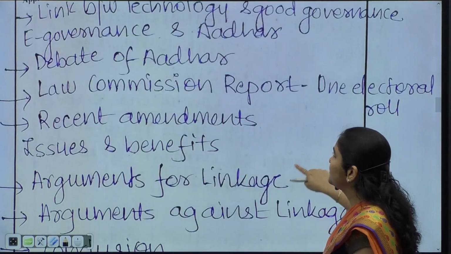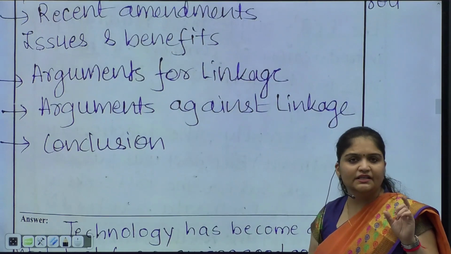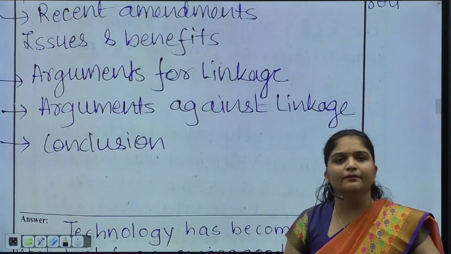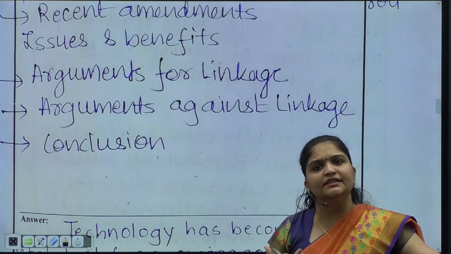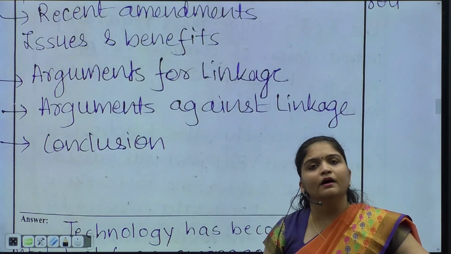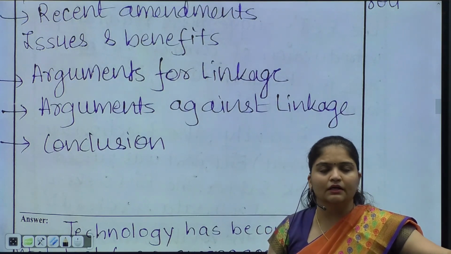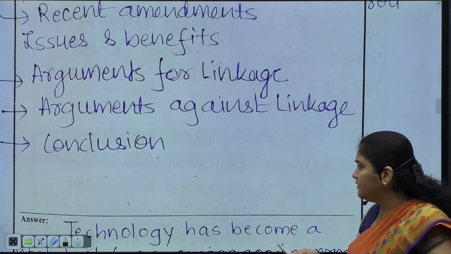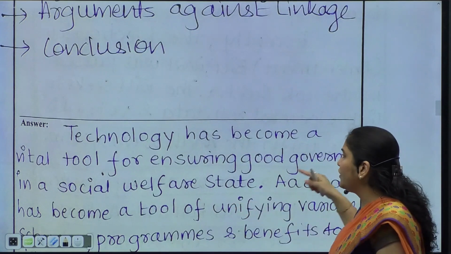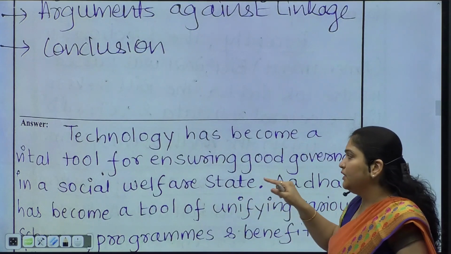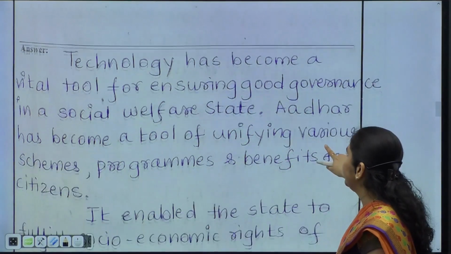So I have spoken about Aadhaar being a technological tool, and linking electoral data, these are technological precursors and ways of doing good governance. I have said how technology has become a vital tool for ensuring good governance in a social welfare state like India.